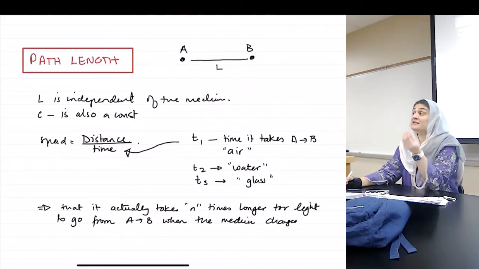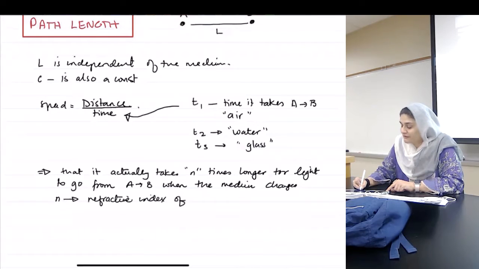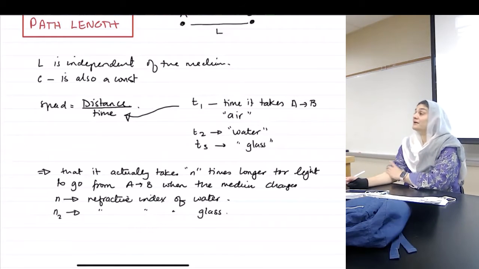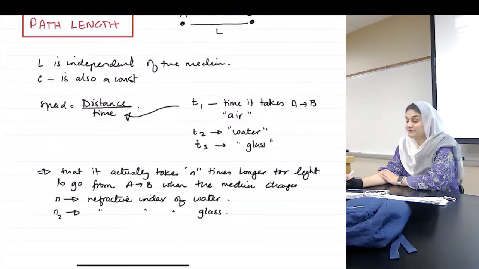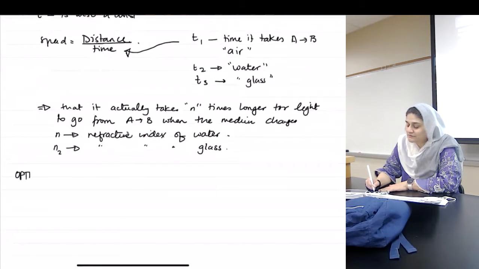And that is just a number that we have calculated. n is called the refractive index of water. And it is also another number which is called the refractive index of glass. So people have calculated it, they've put it on a table, and that's what we use. This helps us define what we now call the optical path length.